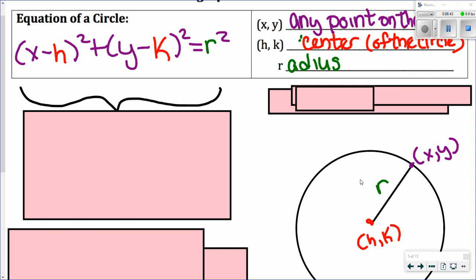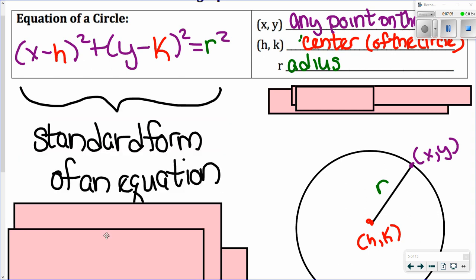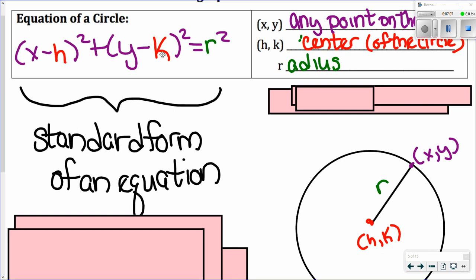So that's why when we did that recap of the distance formula, again, it's nothing new. We're just doing it with circles, with different variables. It looks different because of different variables, but it's the same format. And this equation is the standard form.